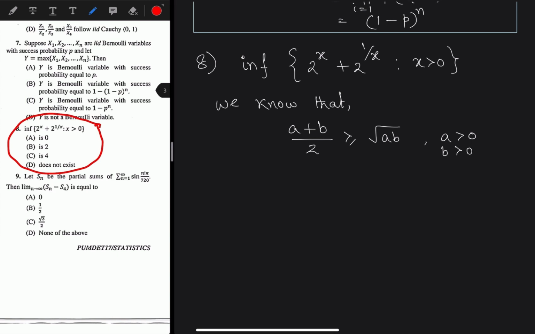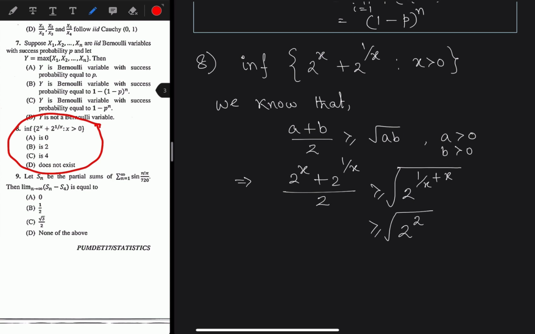Okay, so we can take a as 2 to the power x and b as 2 to the power 1 by x. So that implies (2 to the power x plus 2 to the power 1 by x) by 2 will be greater than or equal to root over 2 to the power x into 2 to the power 1 by x, which is 2 to the power (x plus 1 by x), and which is greater than or equal to 2 to the power 2 under the root. And how can we say that? So this is true.